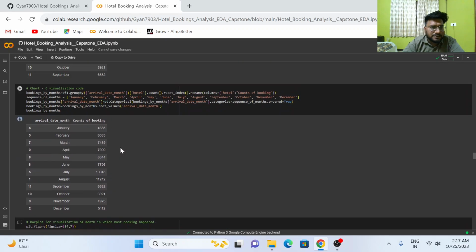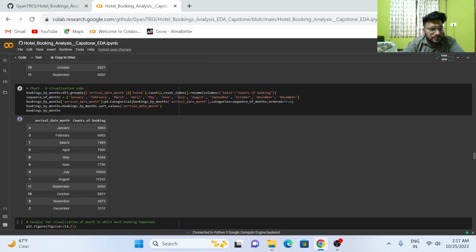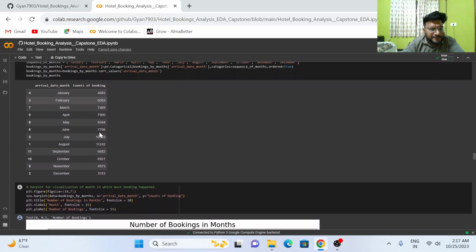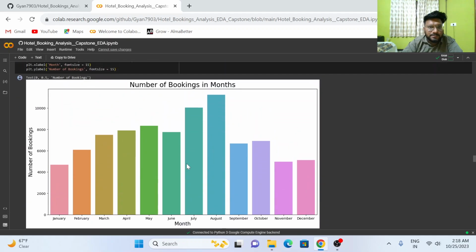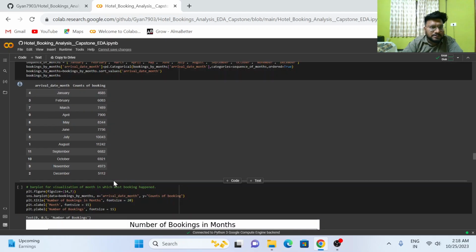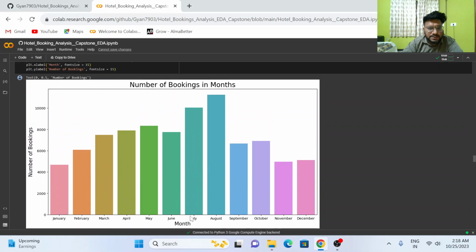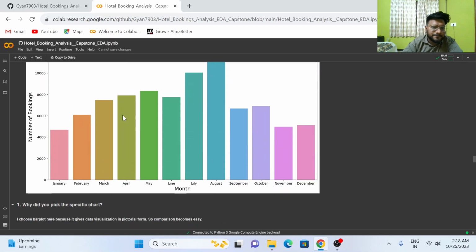As we can see here, the highest booking was in the month of August, which was 11,242, and the next highest was in the month of July, which was 10,043 bookings.